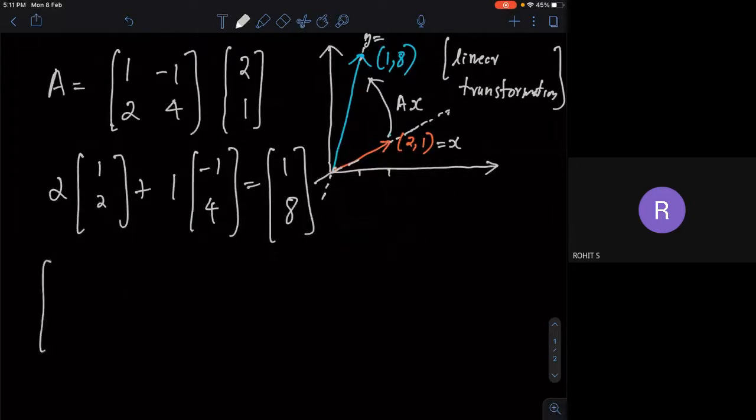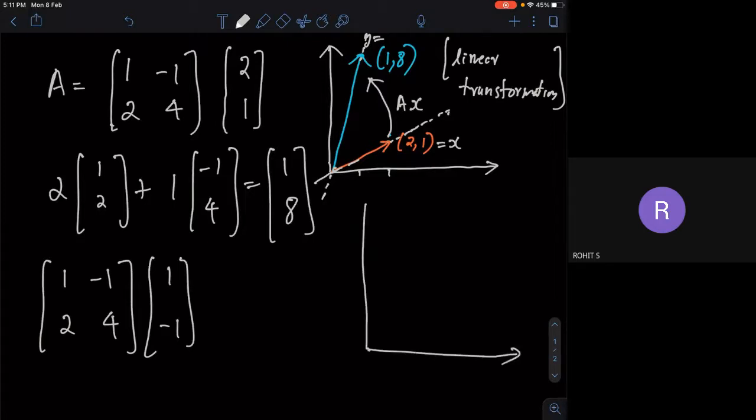I'm going to multiply the matrix 1, 2, minus 1, 4 with the vector 1, minus 1. Let me draw this here again. So it's 1 and minus 1, basically here. This is my vector 1, minus 1.